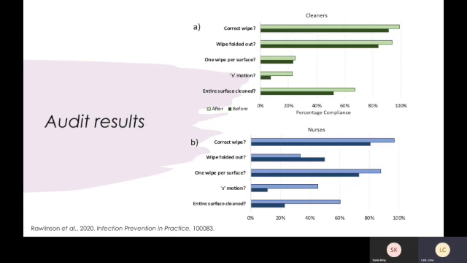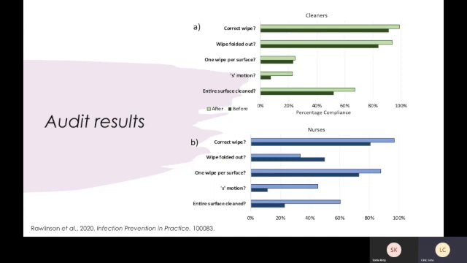The entire surface wasn't necessarily cleaned before, but after this improved. They did pretty badly on using one wipe per surface and the S motion. I mean, both of these improved after training, but was still pretty bad. So just over 20% after training. So still not ideal.